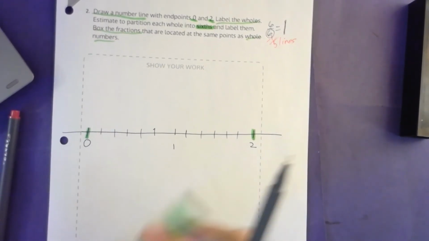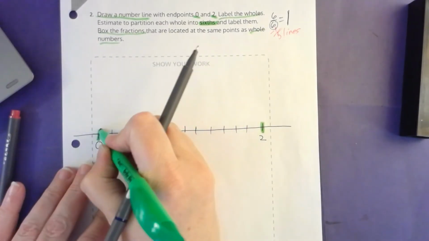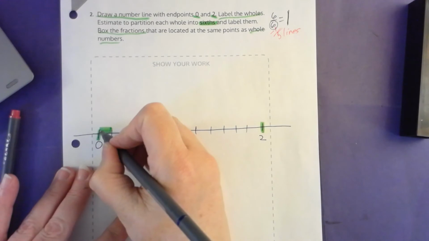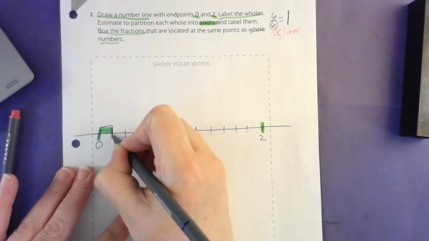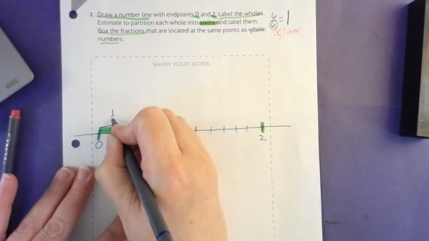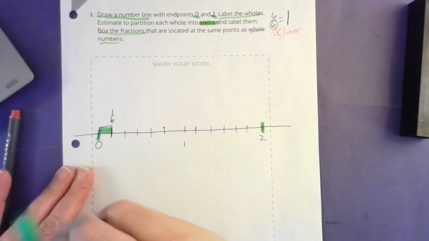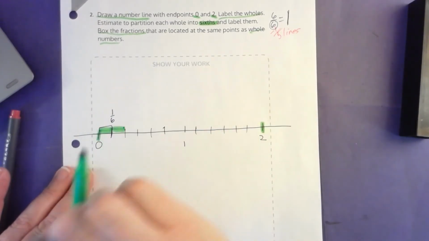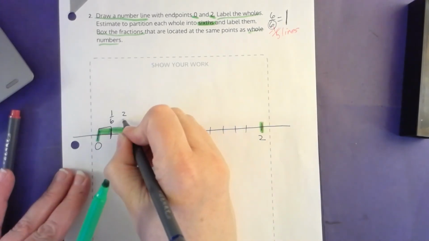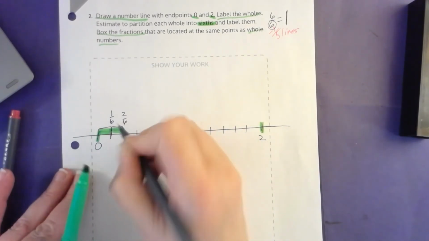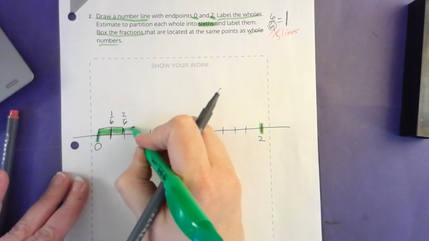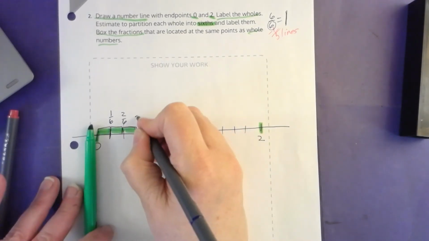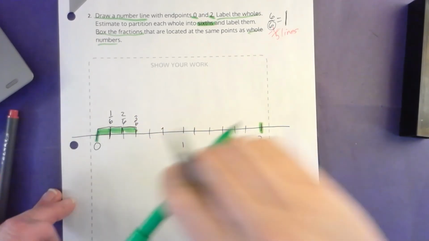Alright, so the first part I want to do is I'm going to draw or put 1 green unit right here. So that's 1/6. Then I'm going to add another one, which is 2/6. Then I'm going to add another one, which is 3/6.